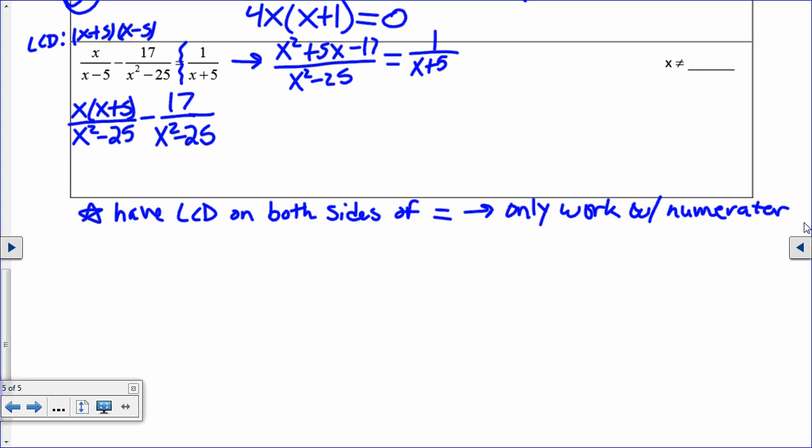So if you get a super complicated question like this, where you would have to multiply a binomial times a trinomial, that's crazy, you could just get the common denominator on both sides and then work with only the numerator. So if we do that, what does the common denominator have to be again? The x squared minus 25, which was the (x + 5)(x - 5). So to get this to look like that, what would I have to multiply that by? x minus 5.